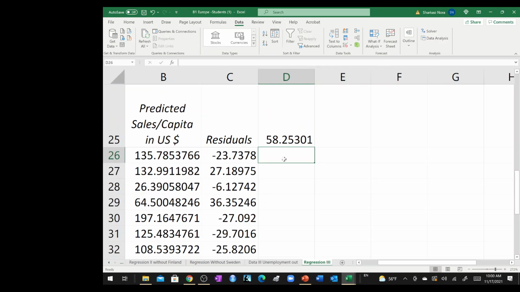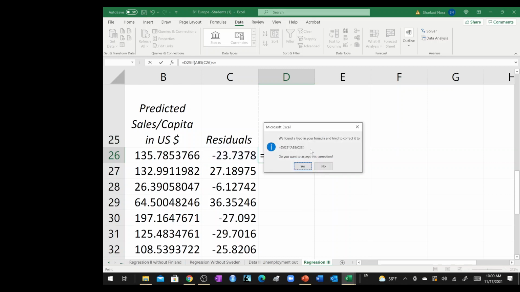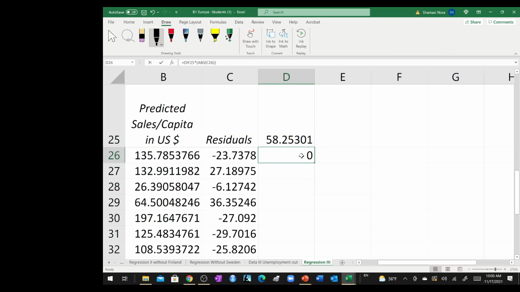So, let's do it very quickly in order. Over here, we're gonna have to say if the absolute value of this guy here is less than or equal to this value. What happens?